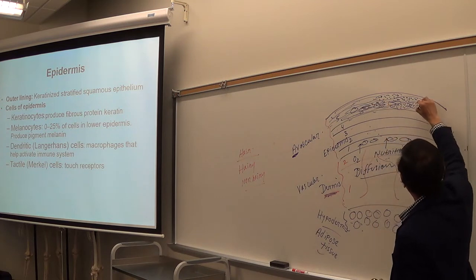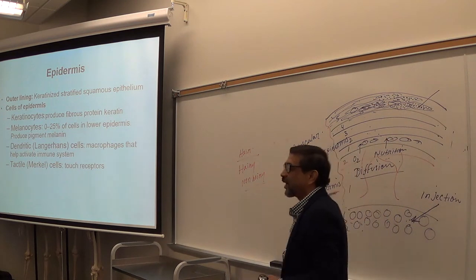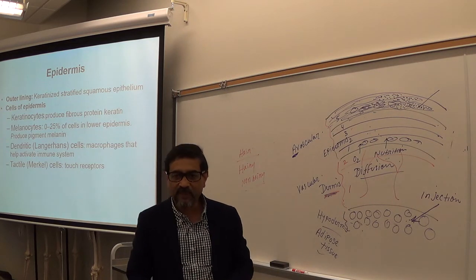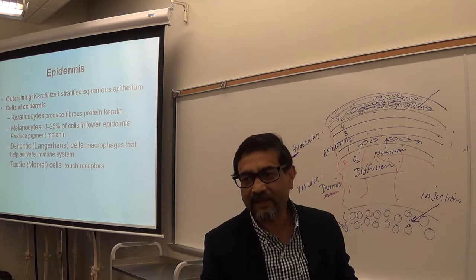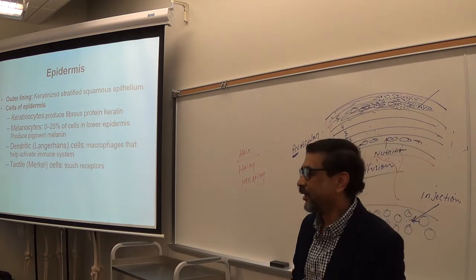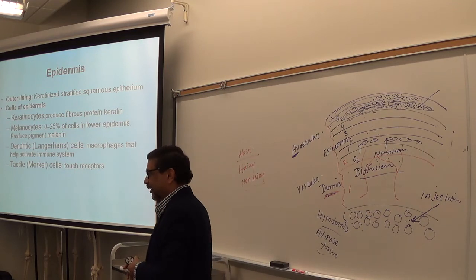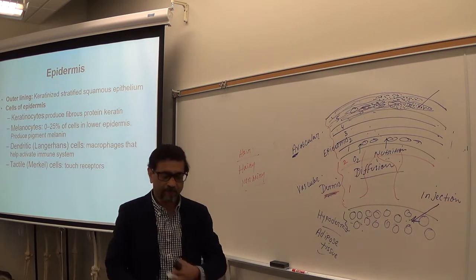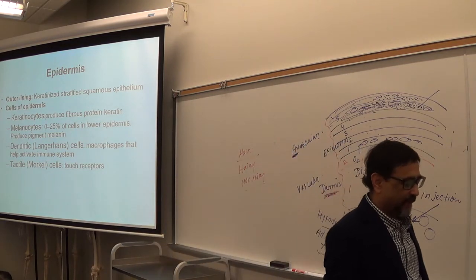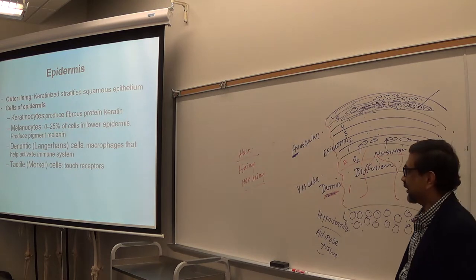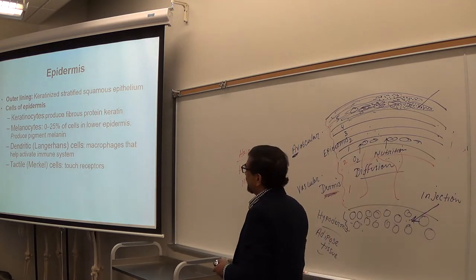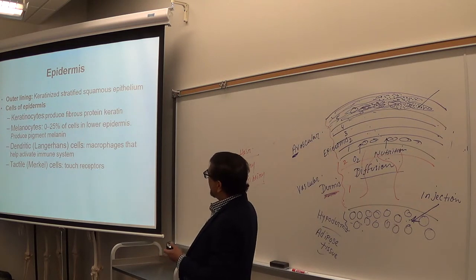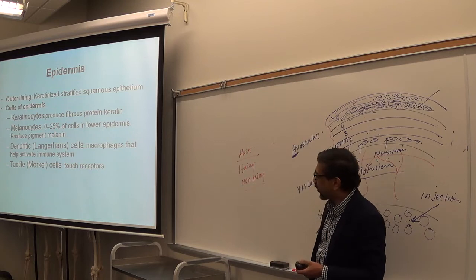So that's why we say keratinized squamous cells, because those cells are filled with keratin. And keratin gives waterproofness, right? As well as keratin gives the toughness of the skin. So most of the cells are keratinized, stratified, squamous.